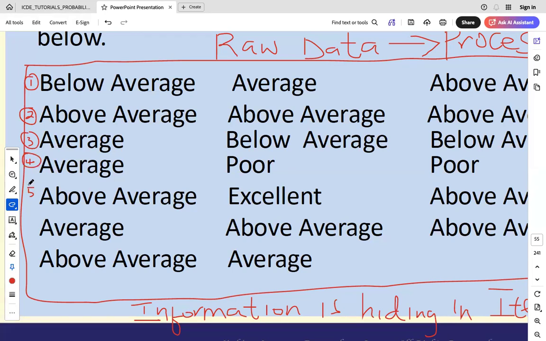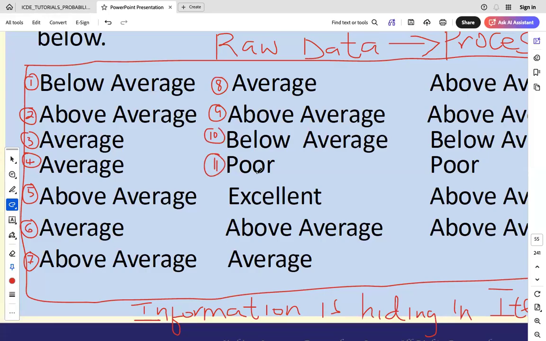Guest number 5 also said the rating is above average. Guest number 6 said it is average. Number 7. So it continues like that. So you have all these responses coming from the guests. So this is for guest number 8. This is for guest number 9. This is guest number 10.